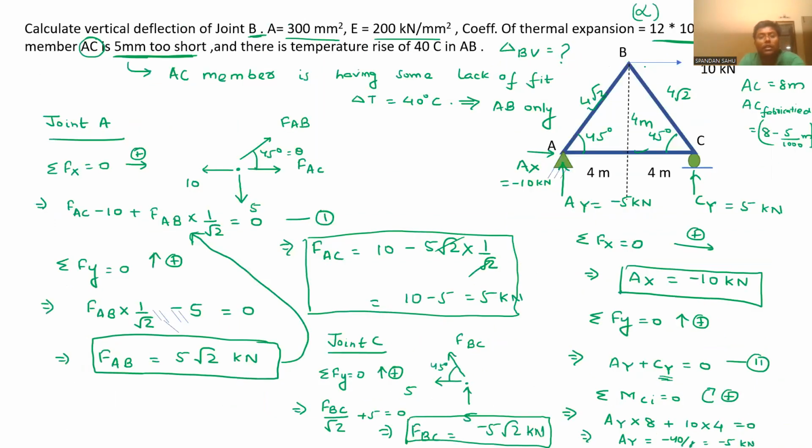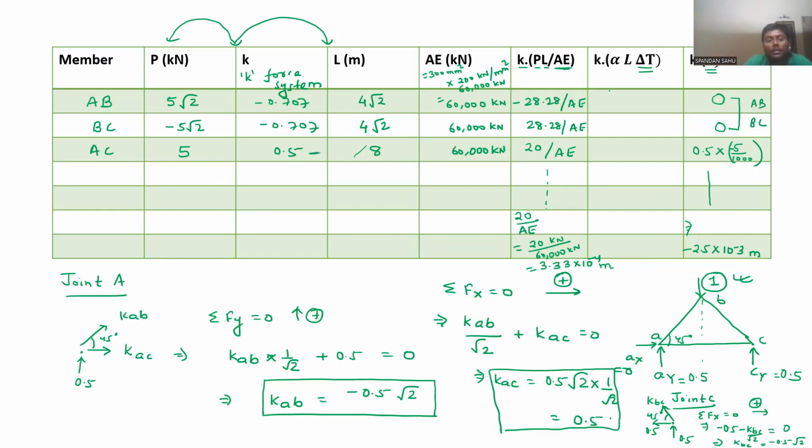Now, there is a temperature rise for member AB only. So for AB, there will be some value, but for other members, there is no temperature rise. So straight away for members BC and AC, it will be 0.